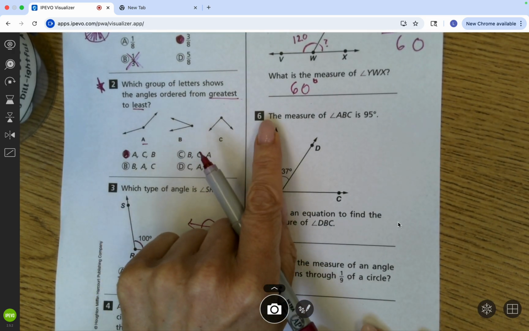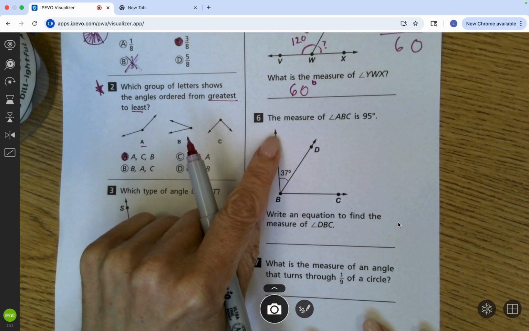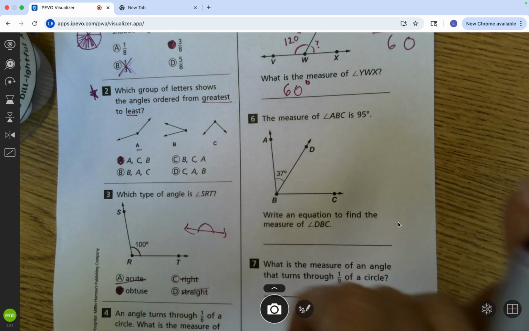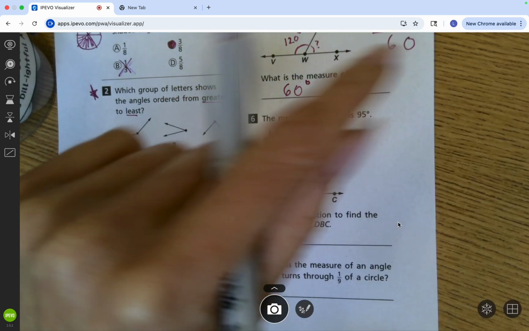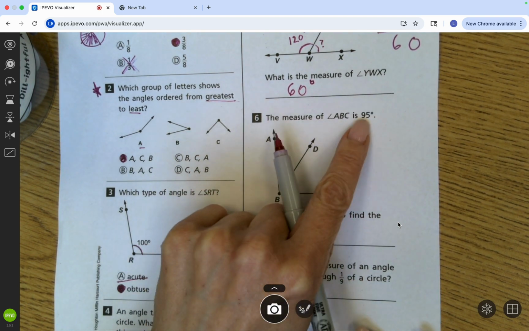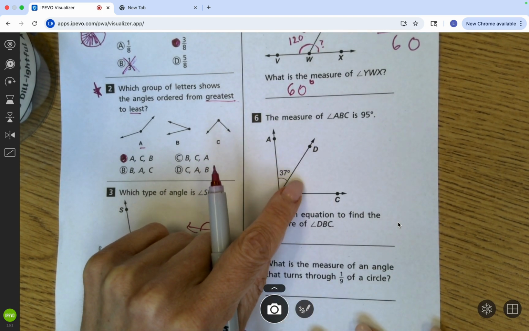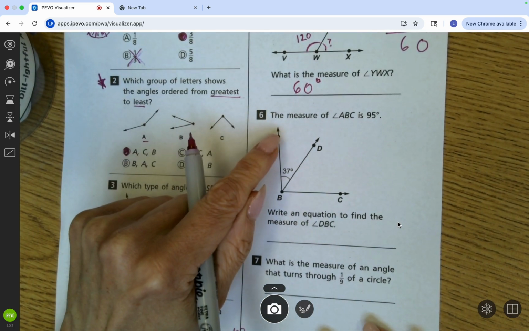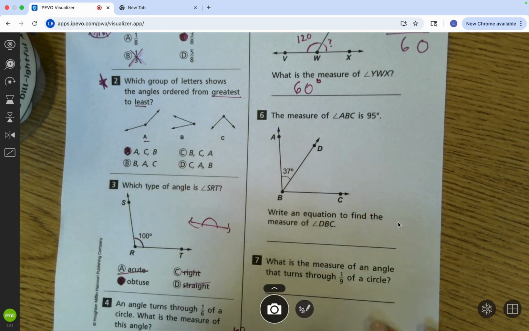Number 6. What is the measure of angle ABC? Oh no, sorry, I got into my witchiness and I messed up what I'm saying. The measure of angle ABC is 95 degrees. That means this whole thing is 95. We see here ABD is 37.